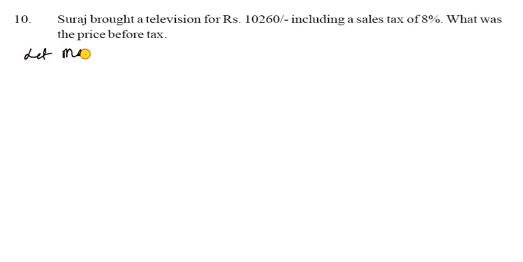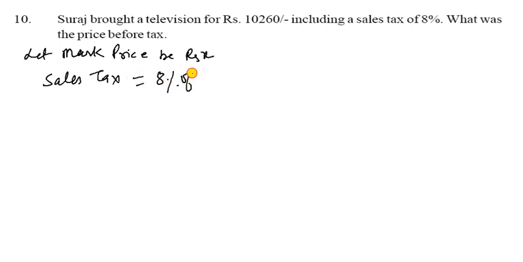So let the mark price be rupees X. So the sales tax is given as 8% of X. So it is 8 upon 100 into X. So 4 times 2 is 8, and 4 times 25. So we get 2 upon 25 of X. It is the sales tax.